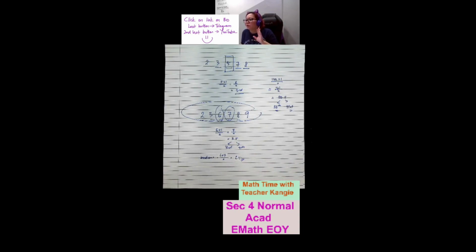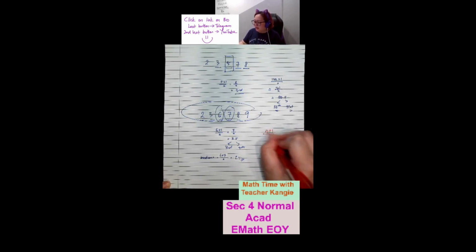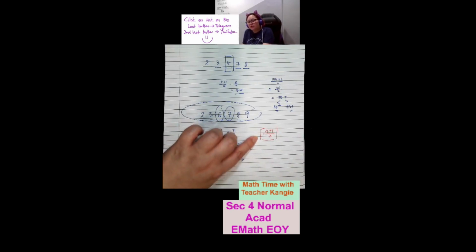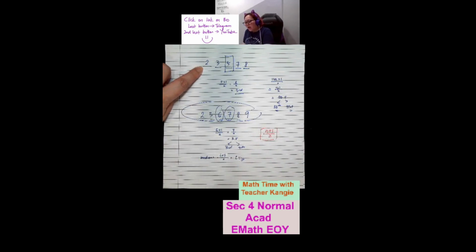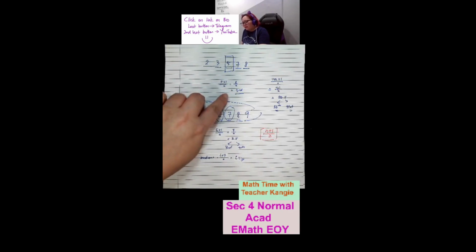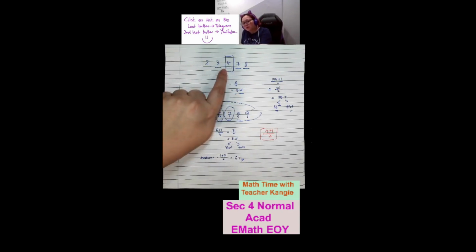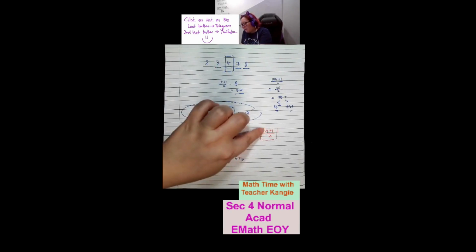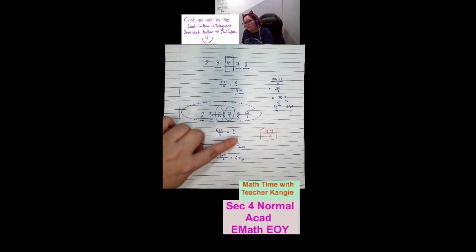Okay, so to find the median, I repeat. The main thing, the very critical important thing you must remember, is n plus 1 divided by 2. You only have two situations. When you have an odd number of data, you plus 1 divided by 2, you get a nice integer. It means there's only one number sitting in the middle. Then when you have n plus 1 divided by 2 and you get a 0.5, it means you have two numbers sitting in the middle.